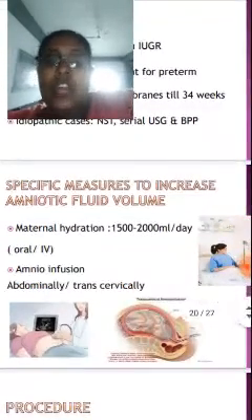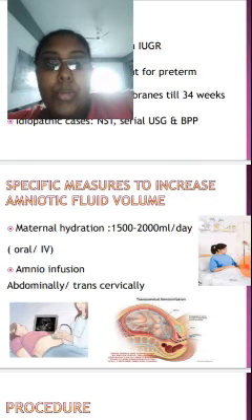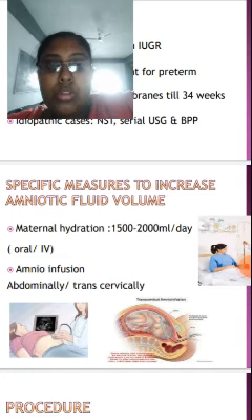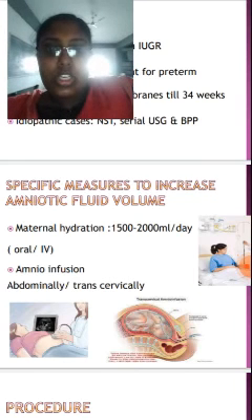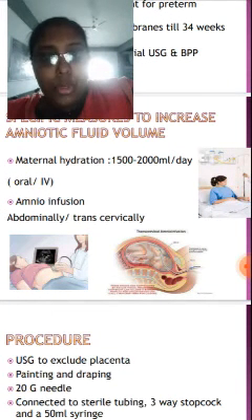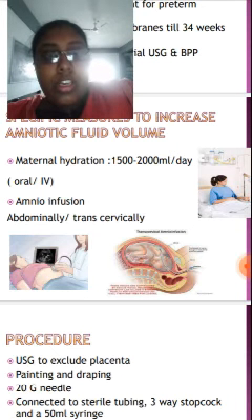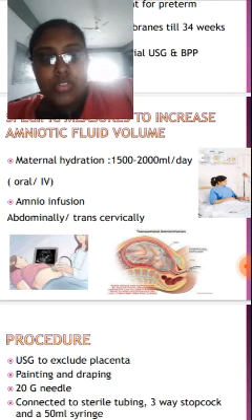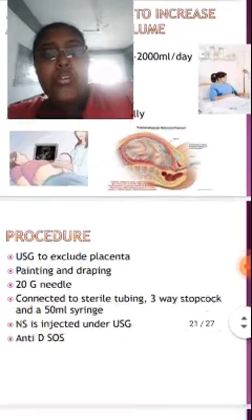The specific measures to increase the amniotic fluid volume are maternal hydration, like intake of 1500 to 2000 ml per day orally or IV infusion of fluids in order to improve maternal hydration. Amnio infusion: abdominally or transcervically, enter into the amniotic cavity and infuse some amount of fluid into that.